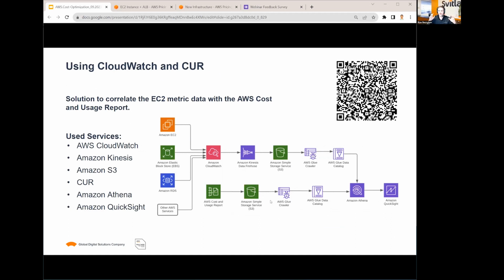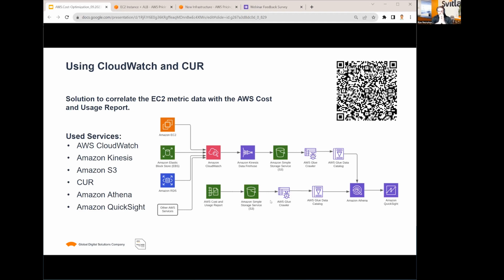Also, using these tools, the cost and usage report, which we already described, we as a company may create a lot of different solutions, which, as I said, could be tuned exactly to your needs. For example, this example is taken from an AWS blog. So this is a QR code. If you need to implement something similar in your company, we may take a look at that.